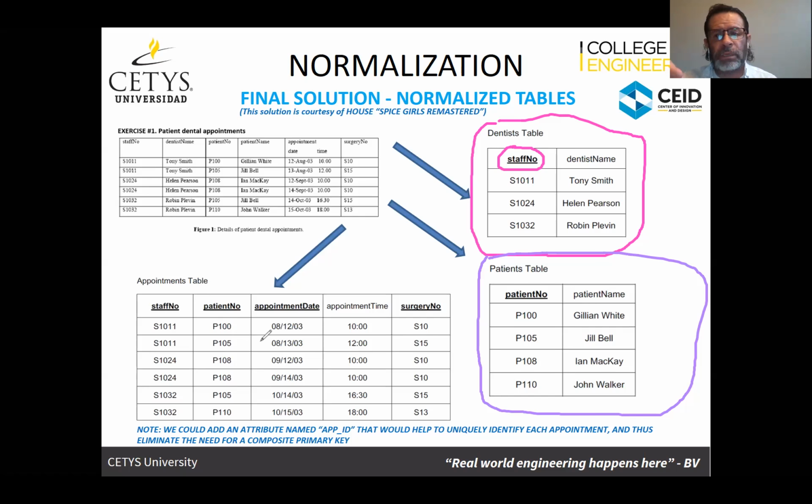Let's assume that you're not going to have the same patient go to an appointment at the same hour. Let's assume that a dentist isn't going to schedule the appointment at the same hour. So we're going to have that.